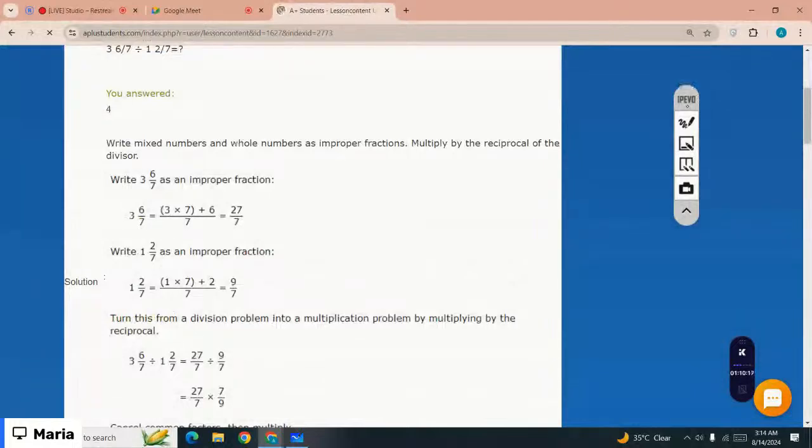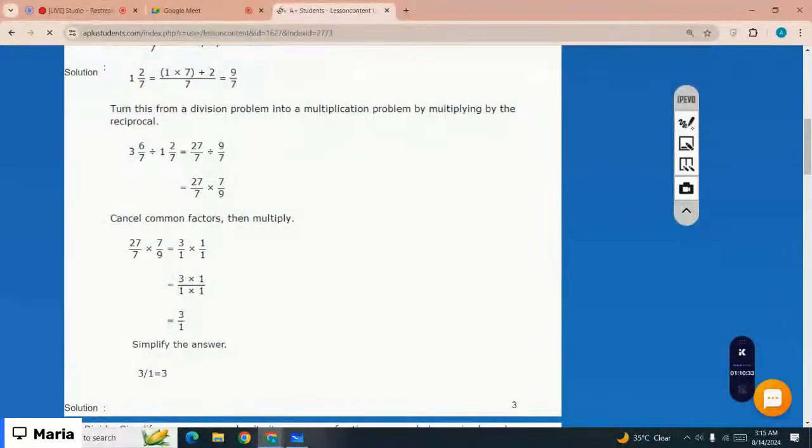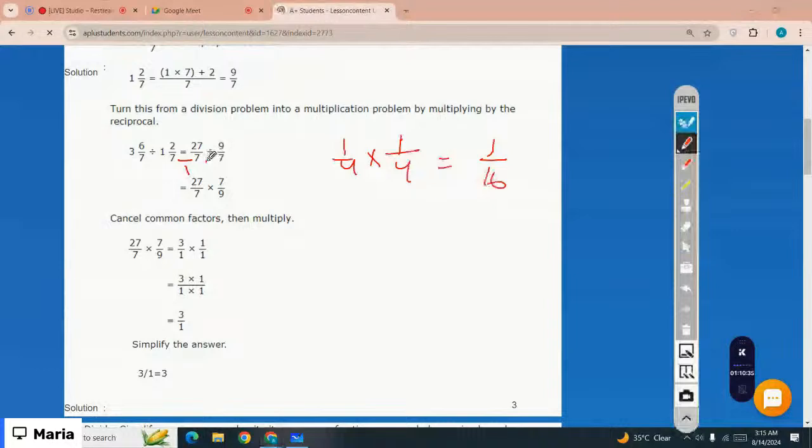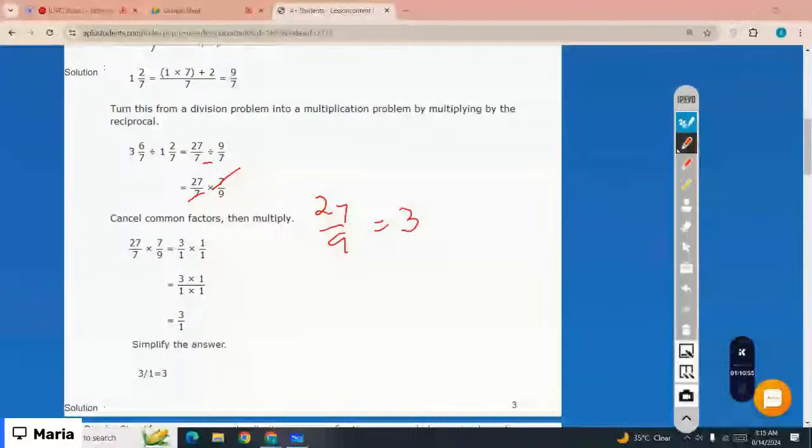So 3 times 7 plus 6 is 27 over 7. For 1 whole 2 by 7, that is 7 plus 2, 9 by 7. Then replace the division sign with multiplication and take the reciprocal of the term after, 9 over 7, which is 7 over 9. So 7 and 7 cancel, leaving 27 over 9, which is 3. Correct option is 3. Got it? One extra thing you have to do here is convert into improper fractions first.